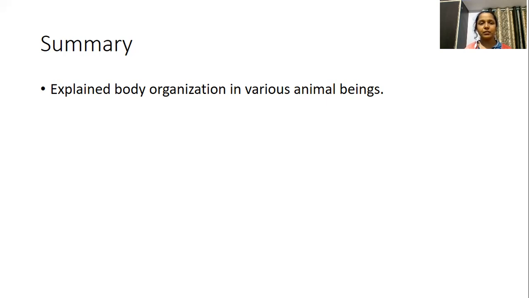We know that a bundle of tissue which is performing a similar function will form an organ. The organs which are assigned to do a particular function form an organ system. If an individual carries different organ systems, then that will become an organism.